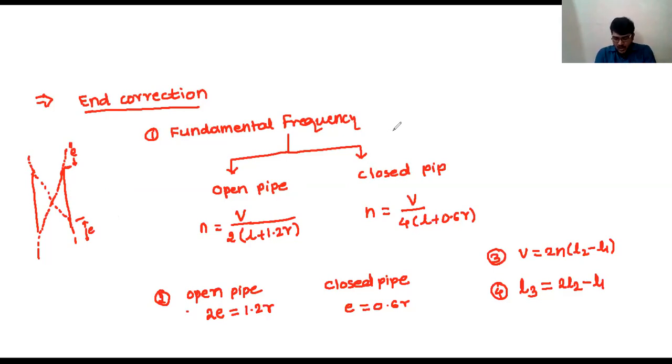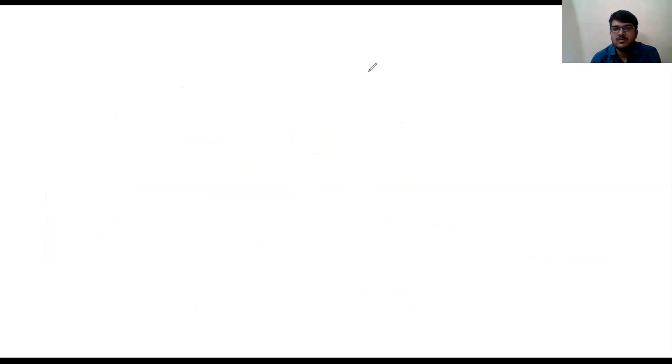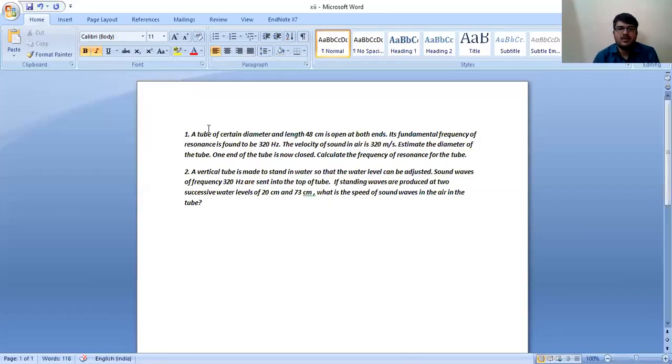So let's solve some problems related with whatever we have discussed in yesterday's class. See here, this is the first problem I am taking.